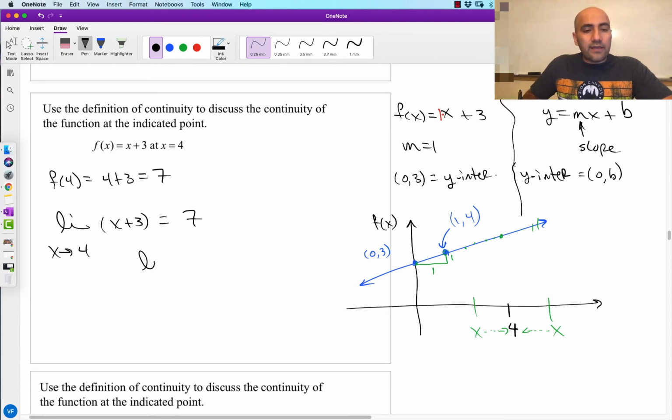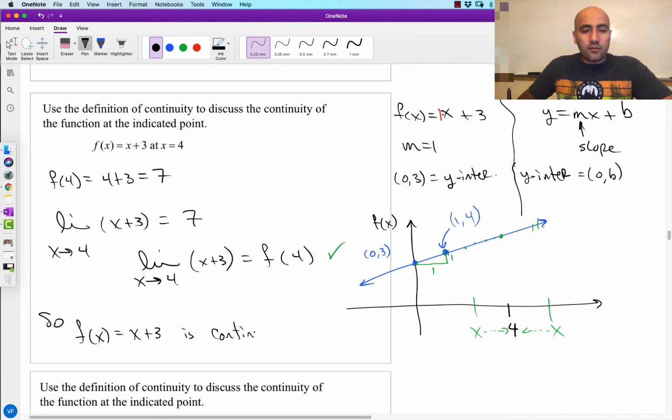Therefore, when we bring it together, the limit as x approaches 4 of the function x plus 3 will be equal to f of 4. Right? That's true. They both equal 7. So we can say that the function is continuous at x equals 4.